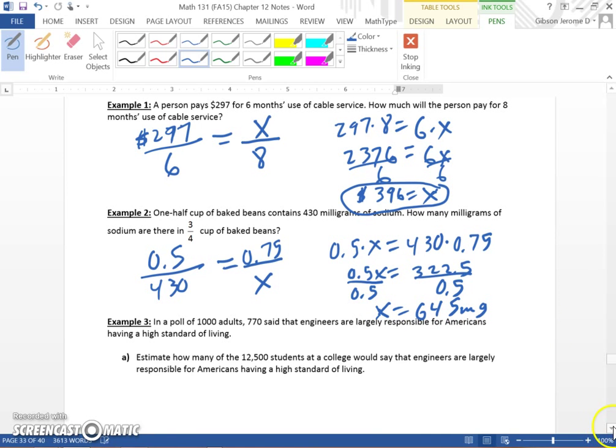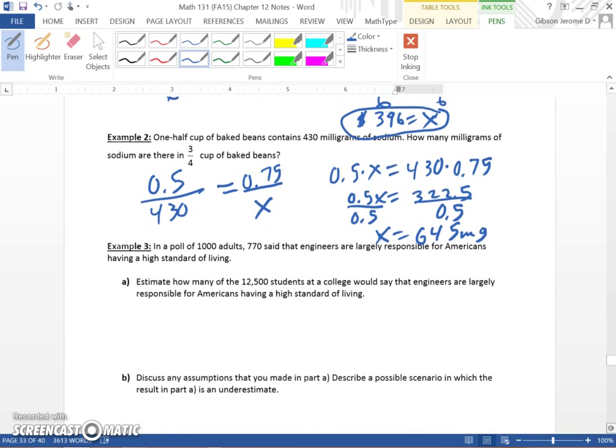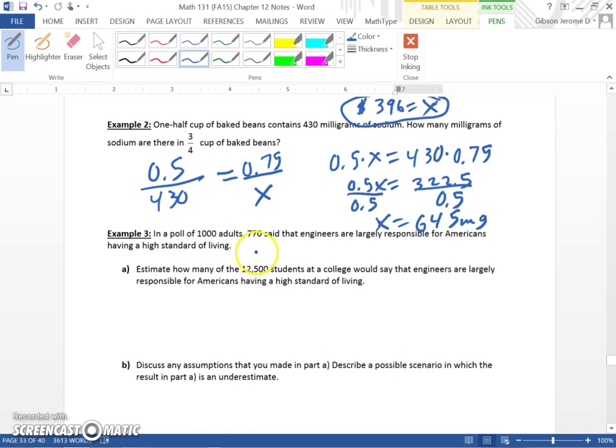Now we come here to example 3. It says, in a poll of 1,000 adults, 770 said that engineers are largely responsible for Americans having a high standard of living. Estimate how many of the 12,500 students at a college would say that engineers are largely responsible for Americans having a high standard of living.